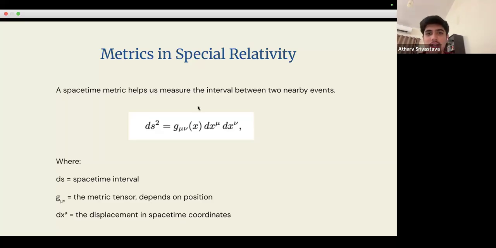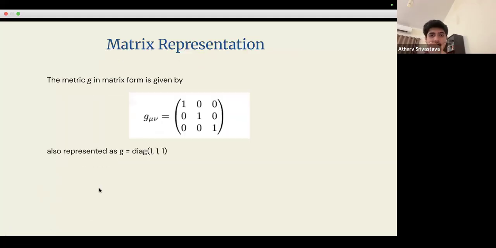Using this general formula for metrics in special relativity, we can find the interval between those two events, where this is the metric tensor, and the other one is the displacement in the spacetime coordinates dx, dt, dy, dz, etc. This would be the matrix representation of that, like an identity matrix with ones along the principal diagonal. This is a 3 by 3 version of that matrix.